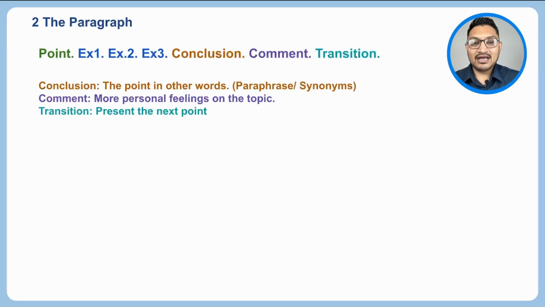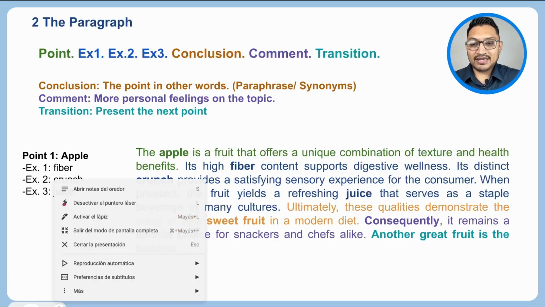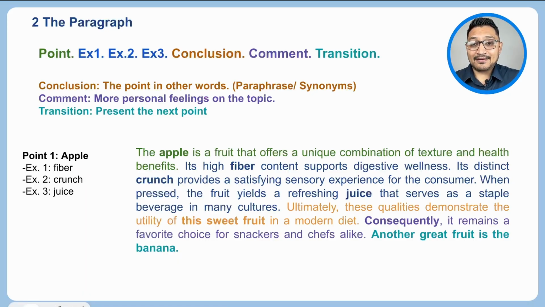So let's quickly have a look at an example, how this would look like. Point number 1 is going to be the apple, and then the examples are fiber, crunch, and juice. So what I'm doing is basically I am transforming each word into a sentence. For example, the word apple now is a sentence with that word.